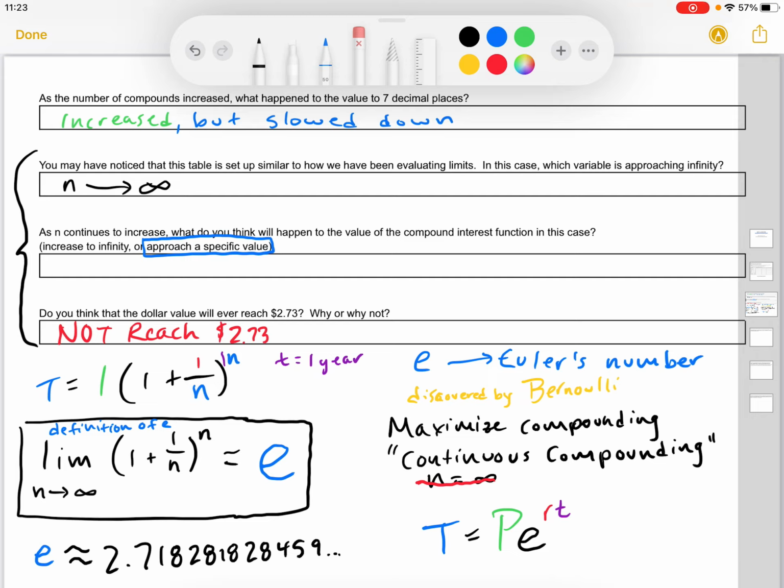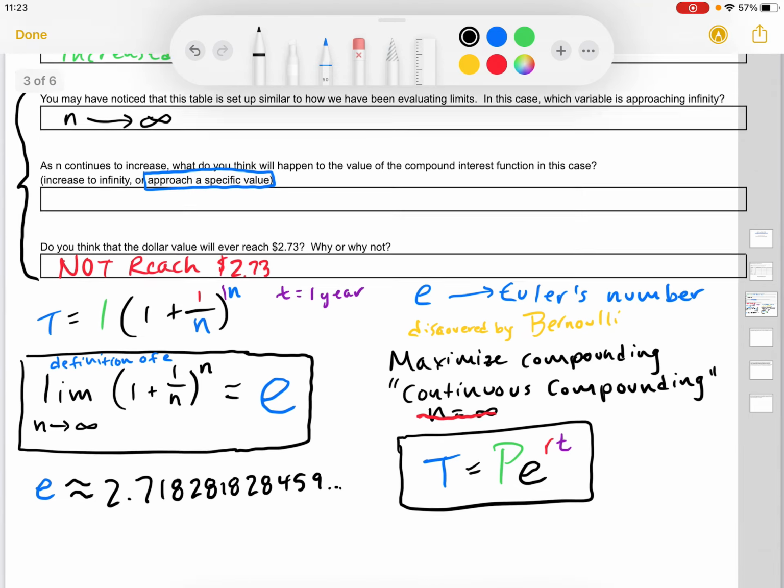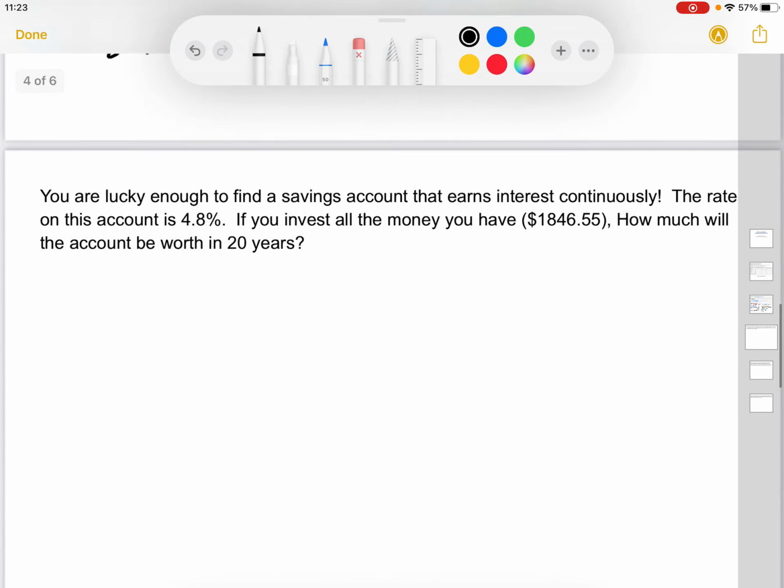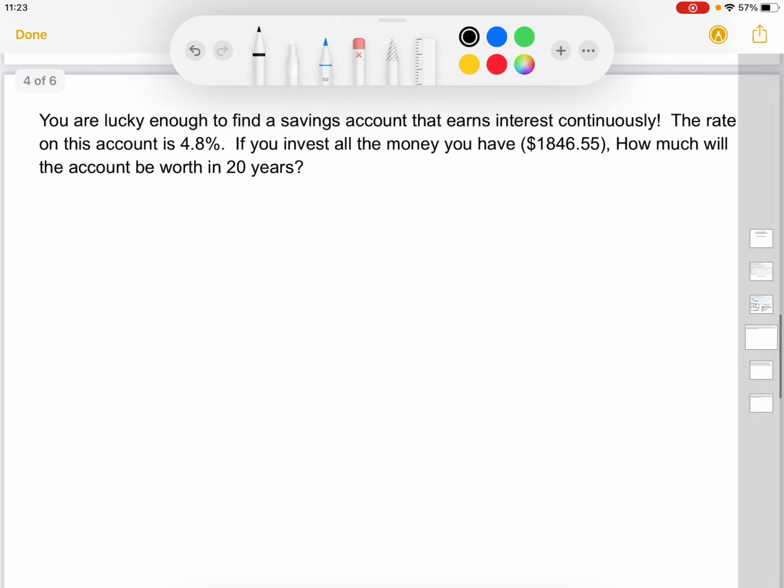So now let's actually go ahead and use this continuous compounding formula. So this is now our continuous compounding formula, and we also have our compounding interest formula that we talked about in the last video. So let's see how this actually works out. All right. So you are lucky enough to find a savings account that earns interest continuously.